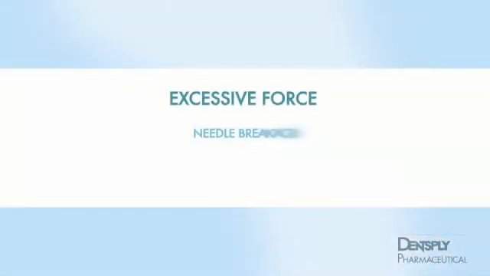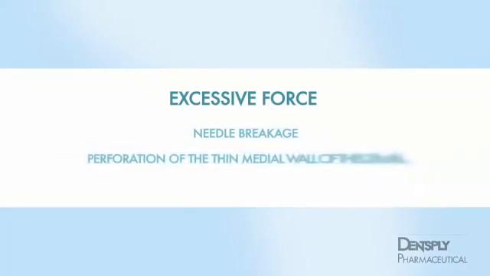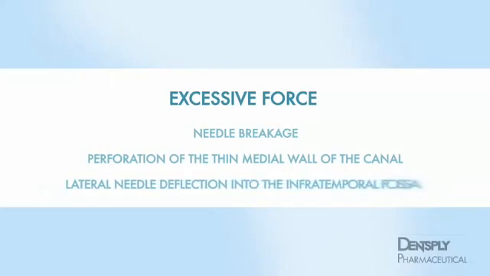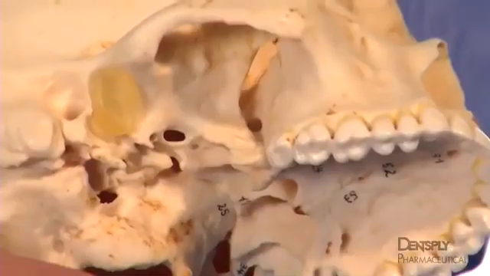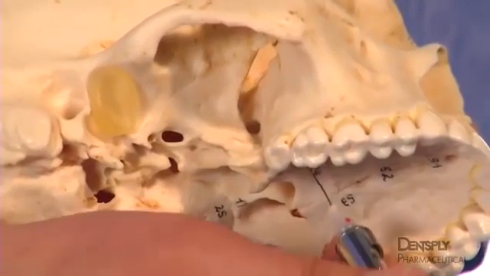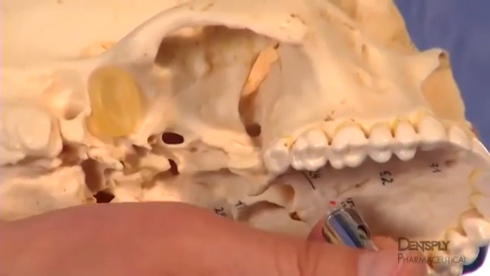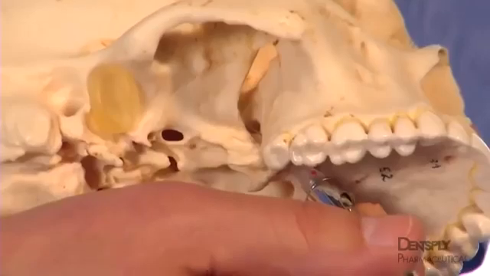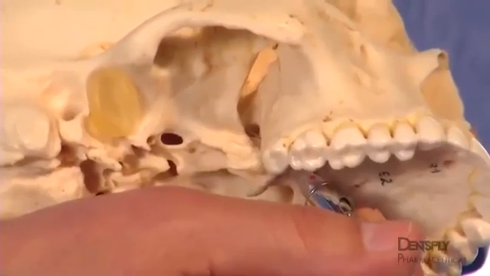Excessive force can lead to needle breakage, perforation of the thin medial wall of the canal, or deflection of the needle laterally into the infratemporal fossa. If the needle pierces the medial wall of the pterygopalatine canal and enters the nasal cavity, air will be drawn back into the syringe during aspiration.